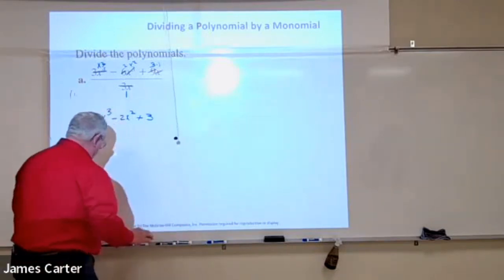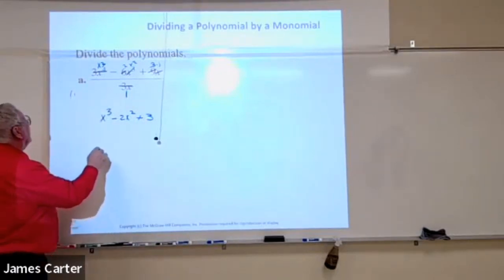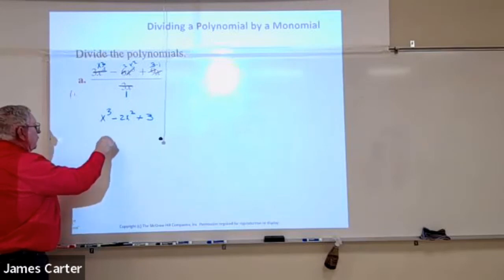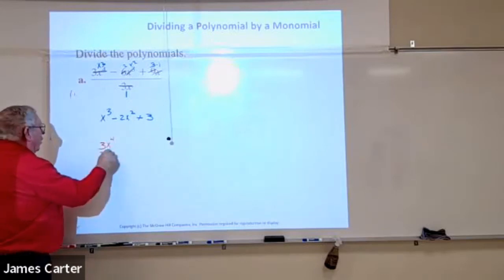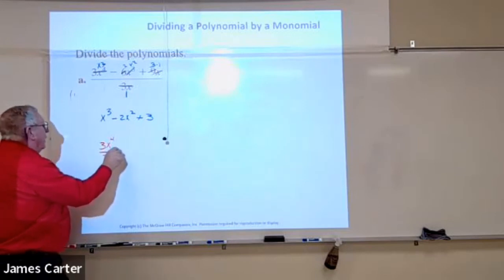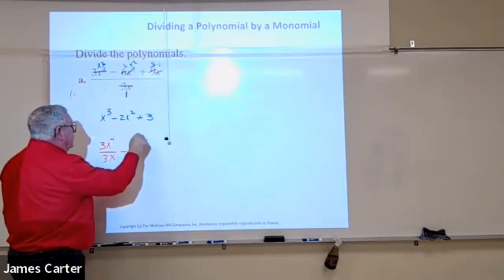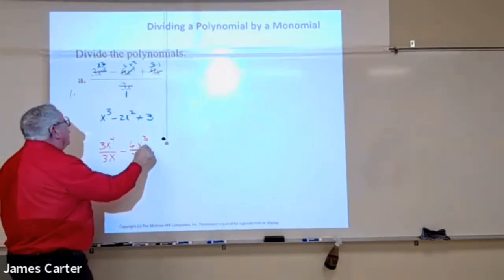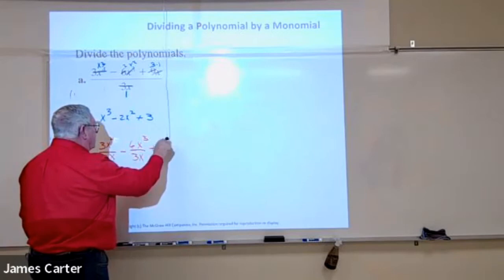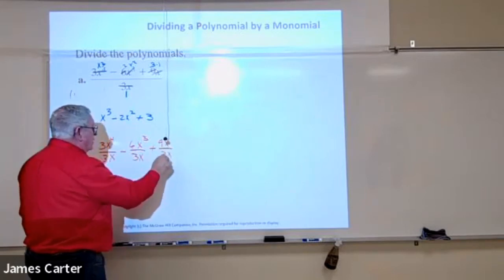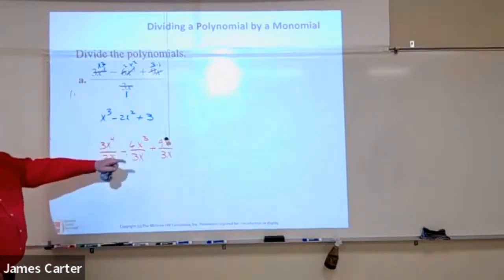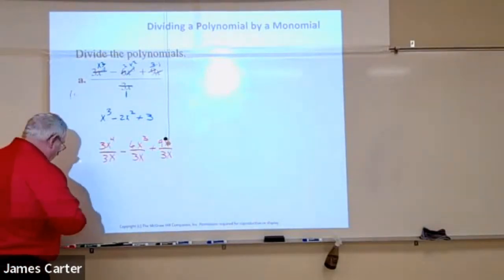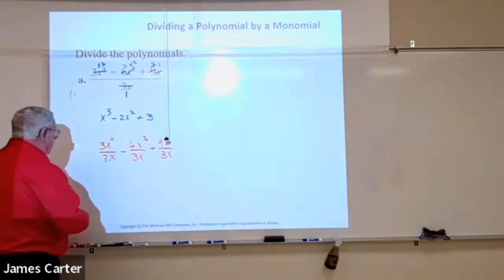Let's look at a different way of working this same problem. 3x to the fourth over 3x minus 6x cubed over 3x plus 9x over 3x. This time I uncommon denominatorialized. Well, once again, I cancel whatever I can.